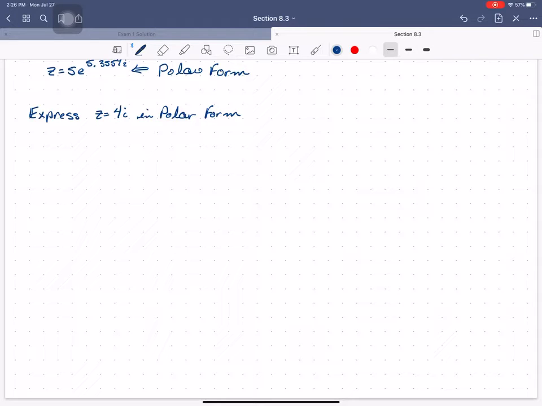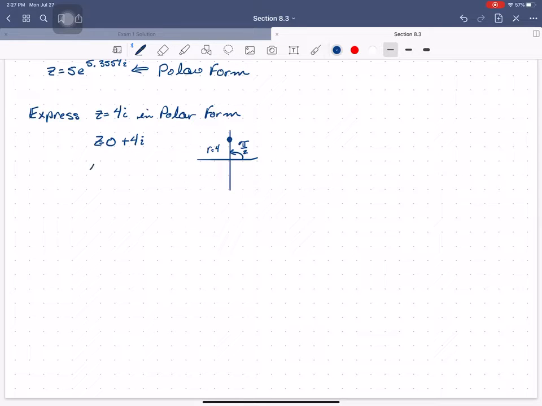So what I have here is z equals 0 plus 4i. If we think about where that is on the complex plane, that's right here. Well, that's actually pretty easy, right? Because this is pi over 2 for my angle, and my radius is 4.